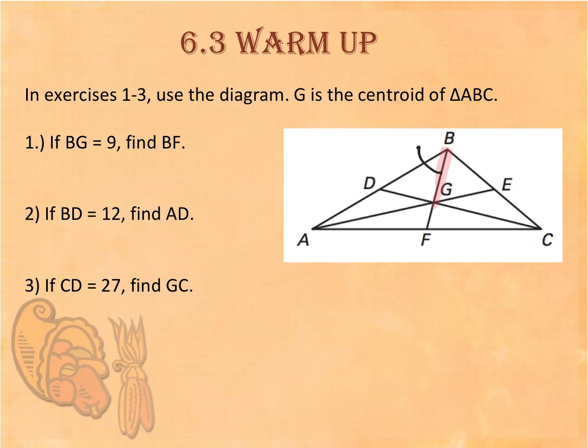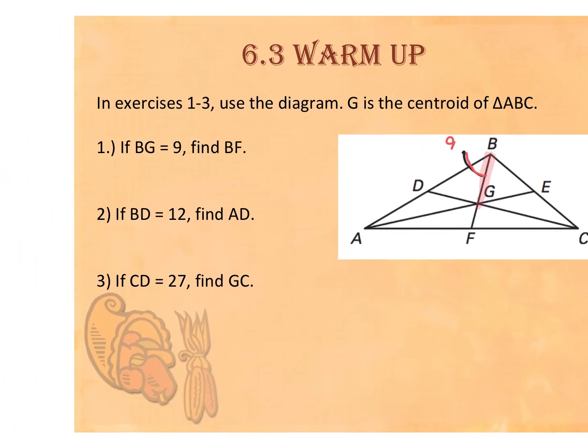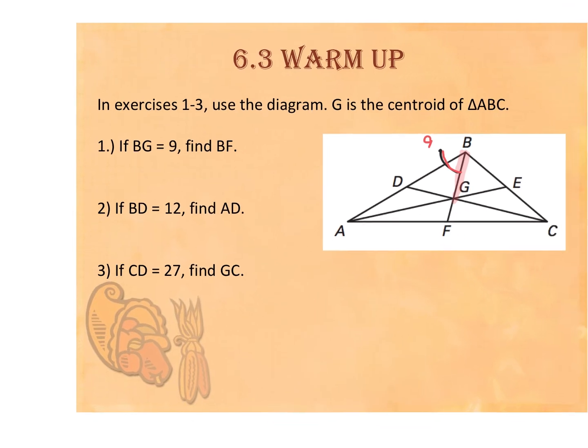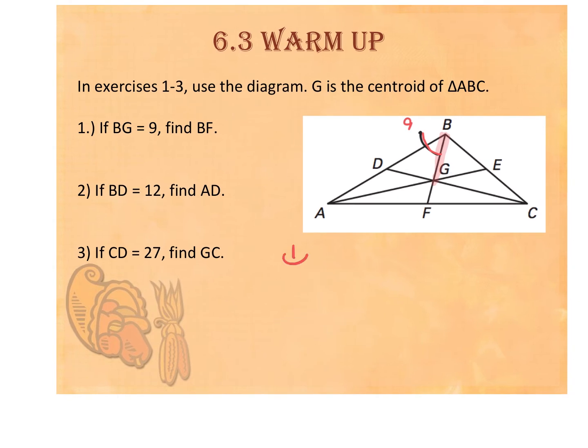In this one, this is where the median is broken up into a 2/3 section and a 1/3 section. So I know that the length of BF, if I take that length and multiply it by 2/3, gives me the length of BG. So what I can do is set up an equation here. Let me just do it down here so I have plenty of room.